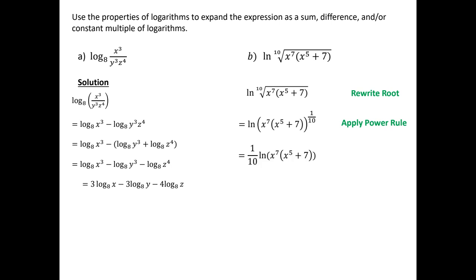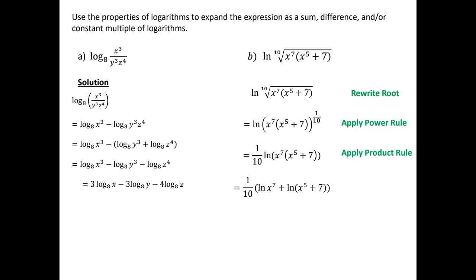And I'm going to do 1/10 natural log of this that's inside. Again, I have a product rule inside. I'm going to go ahead and apply it. So I have 1/10 natural log. Again, I could have done it at the end, like I said, because I'm going to keep my parentheses. Natural log of x to the 7th plus natural log of this guy here. Okay, now this one can be simplified, and this one can be simplified. This has a power rule inside here too.